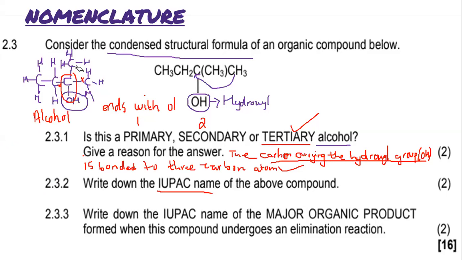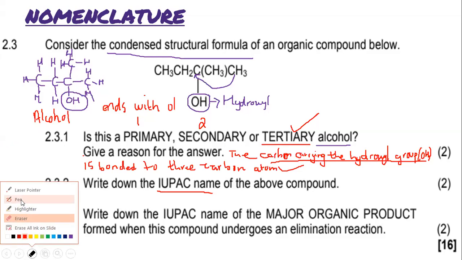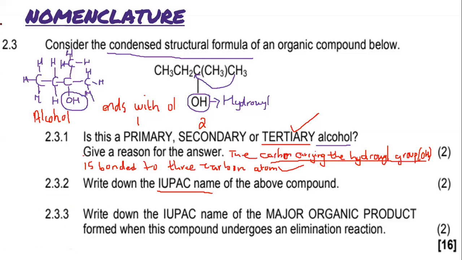Remove a couple of things there to make our structure neat. Let us check here. What is the longest chain of carbon atoms without breaking? There's no break. 1, 2, 3, 4 carbons. If you go this way, it's 1, 2, 3, 4 carbons.